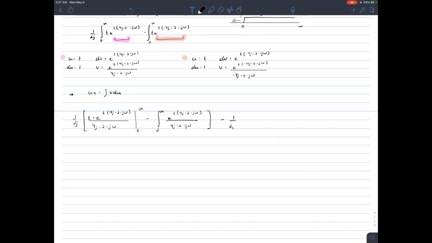Minus 1 over 2j. So u times v is going to be t e to the (negative 4j minus 2 minus j omega)t, all divided by negative 4j minus 2 minus j omega, from 0 to infinity, minus.